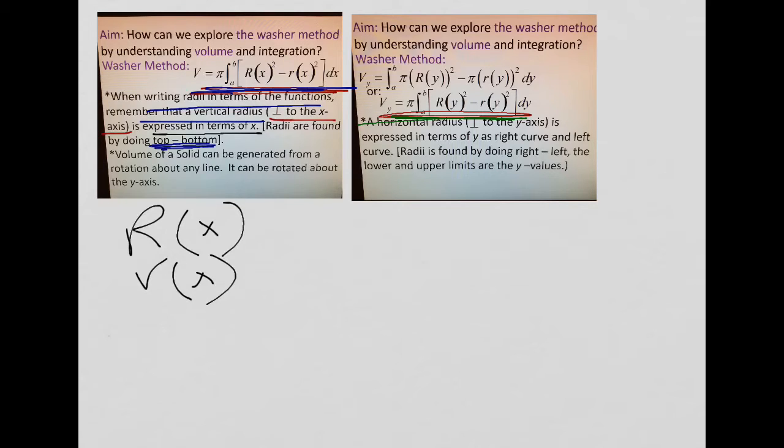The volume of a solid can be rotated about any line, whether it's the x-axis, like y equals 0, or the y-axis, like x equals 0. When it is rotated about the y-axis, or any vertical line x equals a, we're going to use this new method.